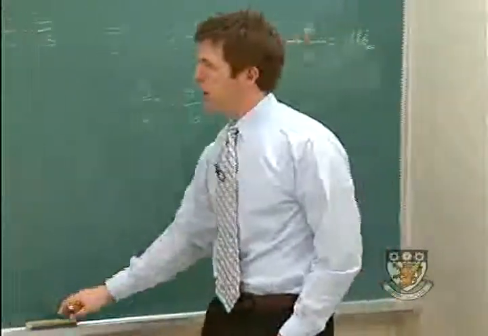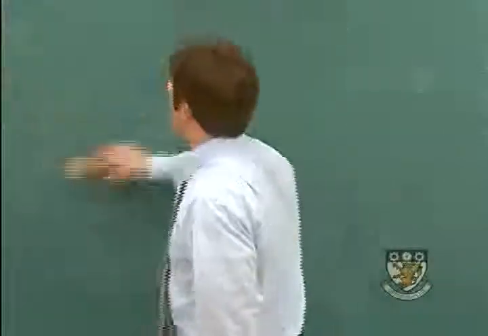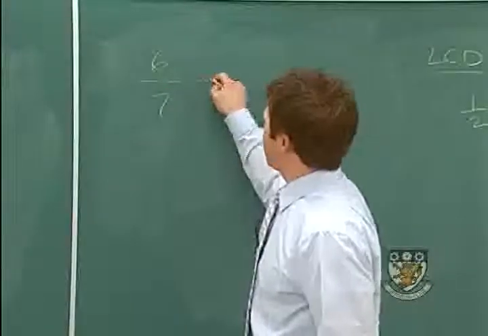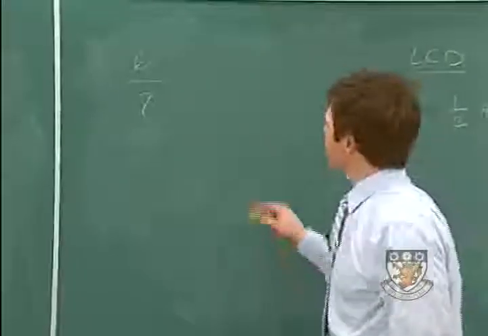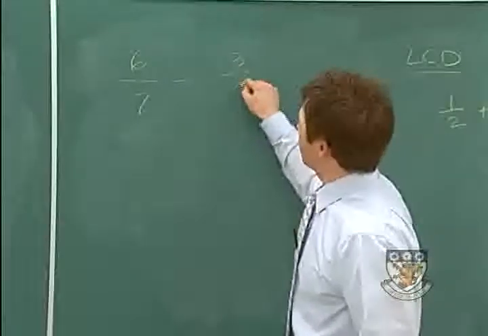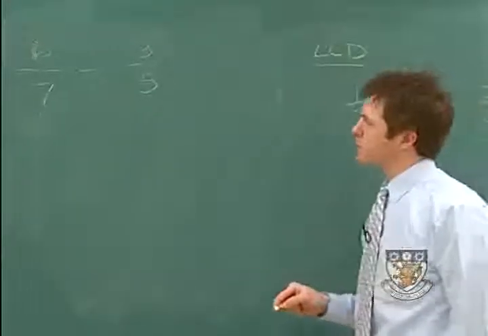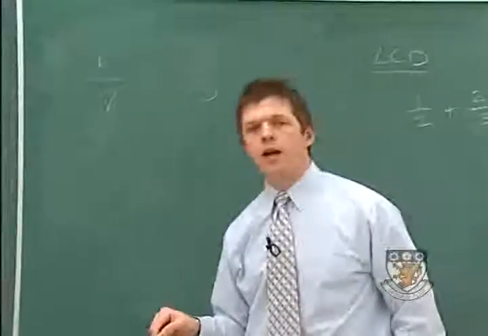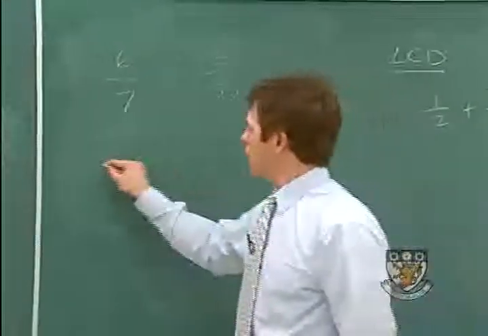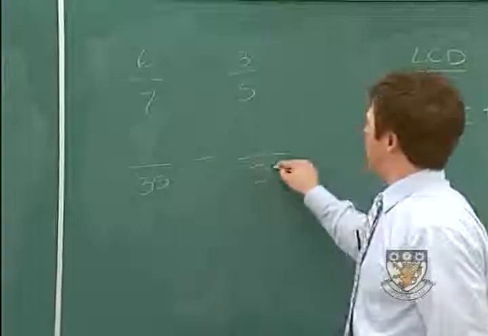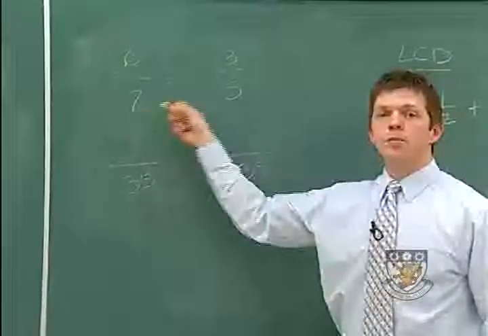Let's try a problem like that with subtraction. 6 over 7 minus 3 over 5. Once again, we need to find our least common denominator. This particular case will be the product of 7 and 5. Both these numbers are prime.